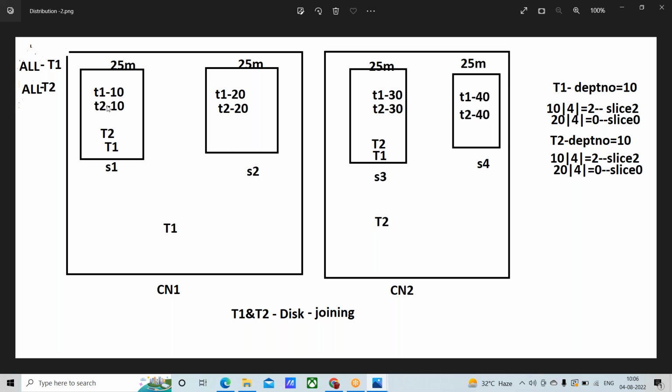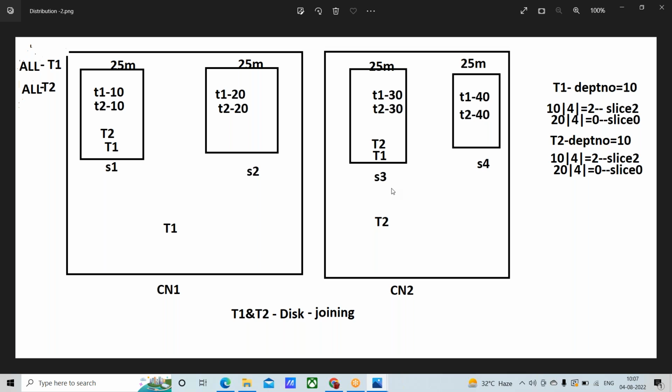Prasad, you understand what I was saying? Yes, sir. For example, T1 is ALL distribution style. So T1 is present in slice 1 of node 1, and similarly in slice 1 of node 2. Even if you have 100 nodes, it is present in the first slice of each node.